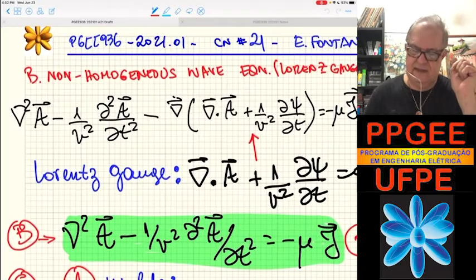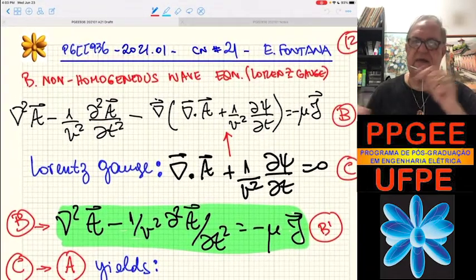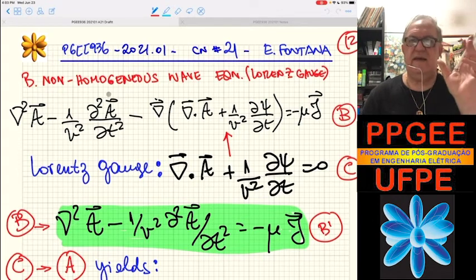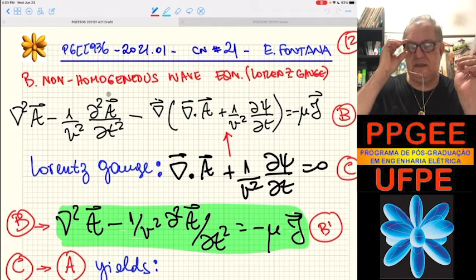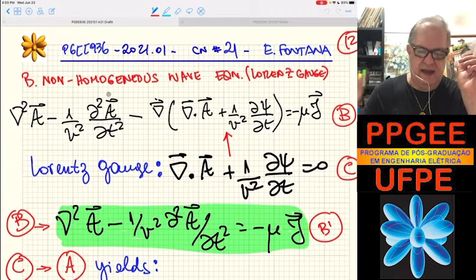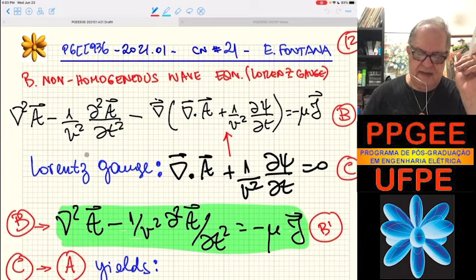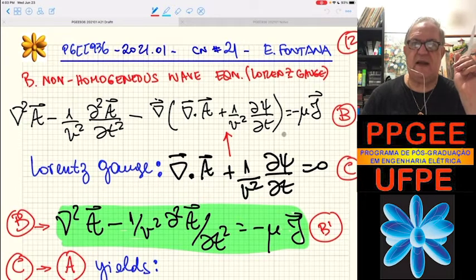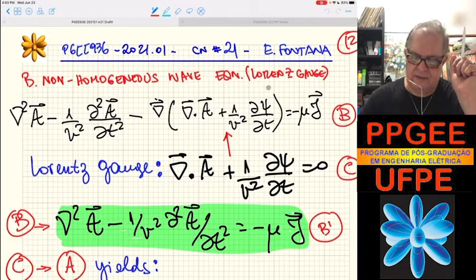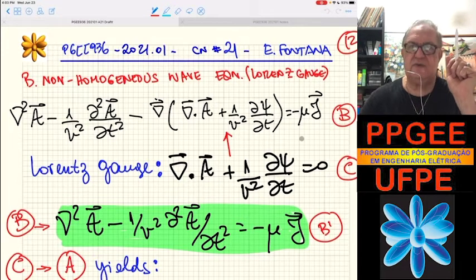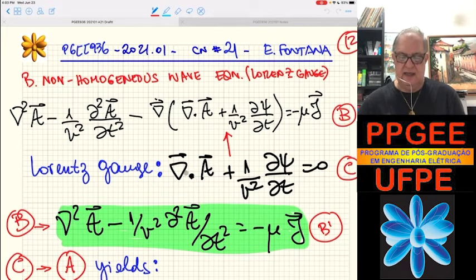So that's what happens. That's the original coupled equation without any specific choice for the divergence of A. That's the equation for A. Well, in the Lorentz gauge, we directly obtain the non-homogeneous equation by setting this thing here equal to 0, choosing the divergence of A not as 0, but related to the potential by this relationship.